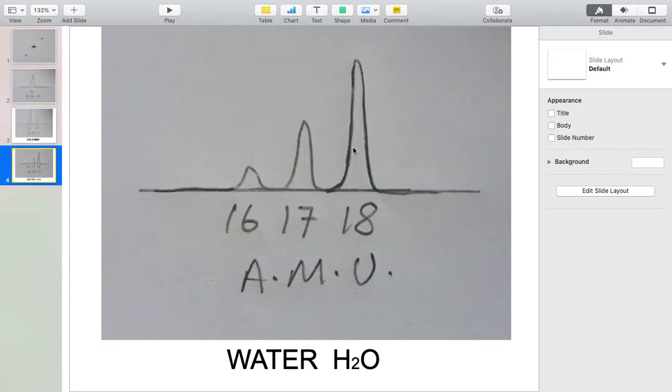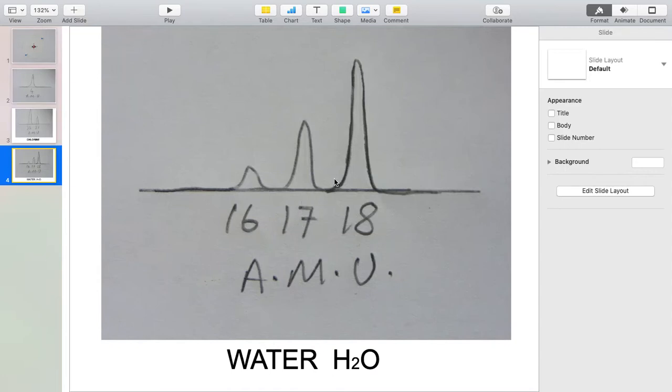That is the mass of a molecule of water, but also we see these others. What happens is when you look at a molecule in a mass spectrometer, as well as showing you the mass of the molecule, it also tends to fragment the molecule and break it up a bit. And it breaks it up in a predictable way that gives you a sort of fingerprint of that molecule. So this is the fingerprint of water.